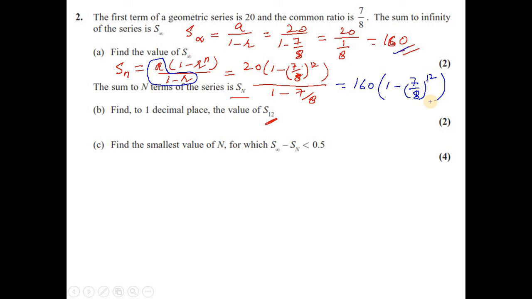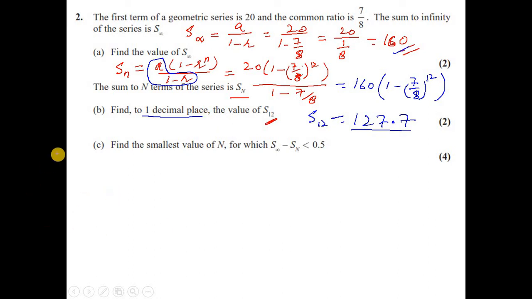You can use your calculator to figure out 7/8 whole power 12, subtract from 1, and multiply by 160. If you do your calculation, then S12 would be equal to 127.7. Leave the answer here because you need to give the answer to one decimal place. So 127.7.